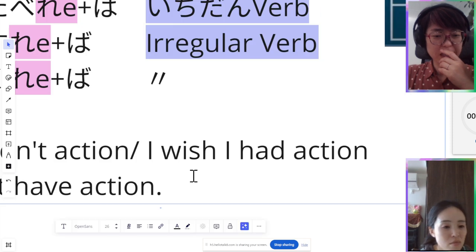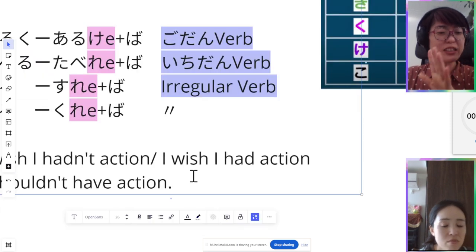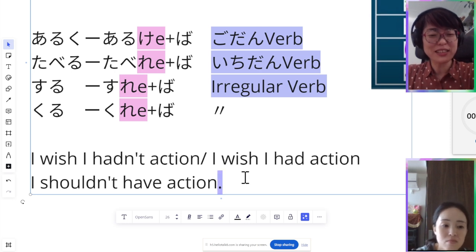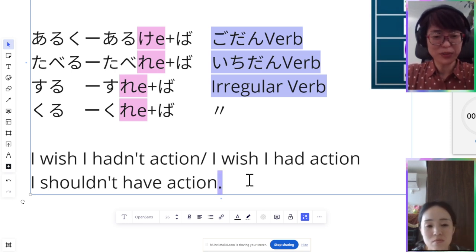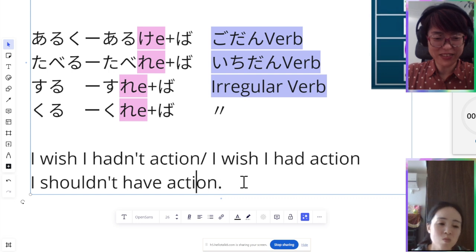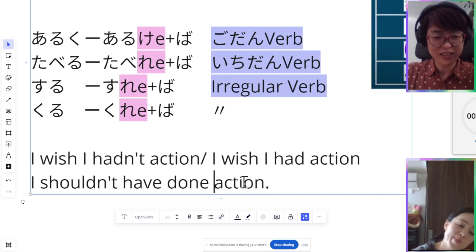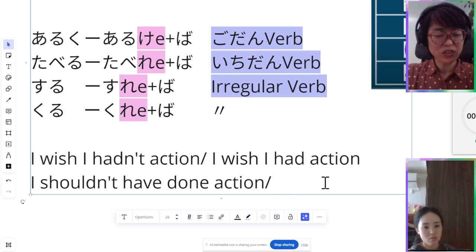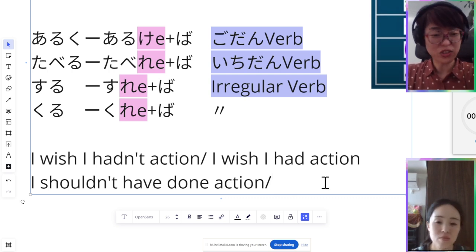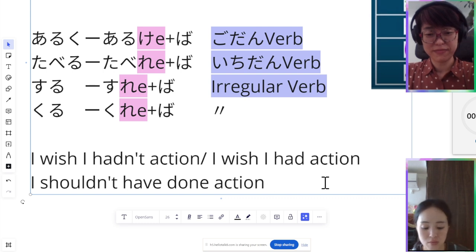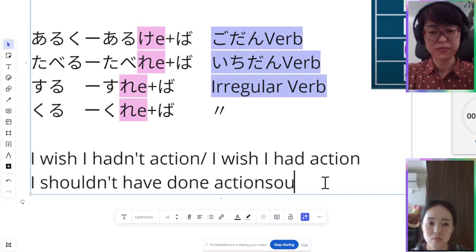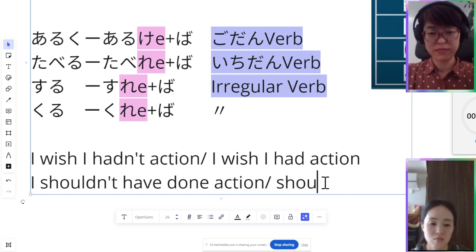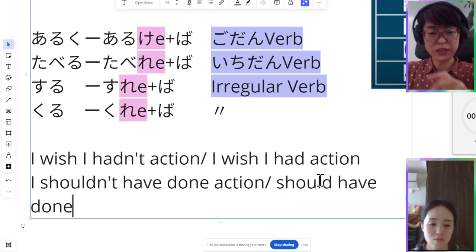Okay, so there are two cases, like a present case and a not-present case. I wish I hadn't done the action, or I wish I should have done it and you didn't. This is different.